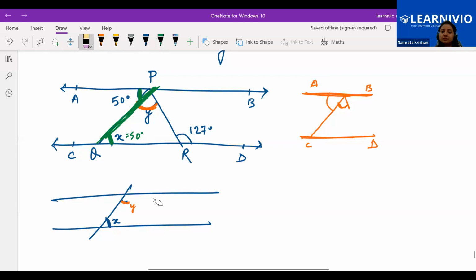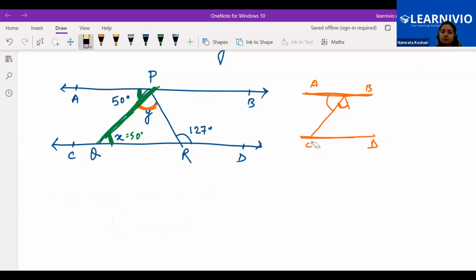Anyone getting it? What can be the possibility? Irshad, Ayan, Farhan. 127 degrees equals Y. Let me draw it separately one more time, or let me highlight it over here. Just a second.